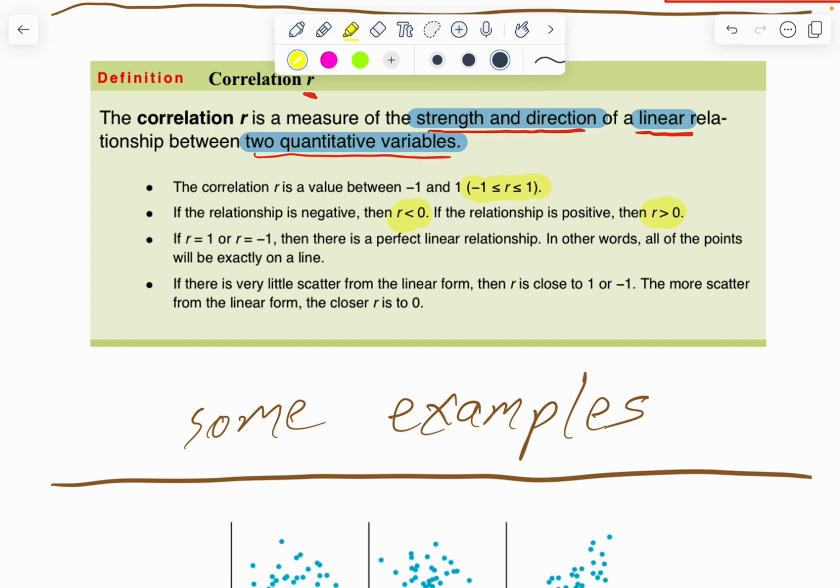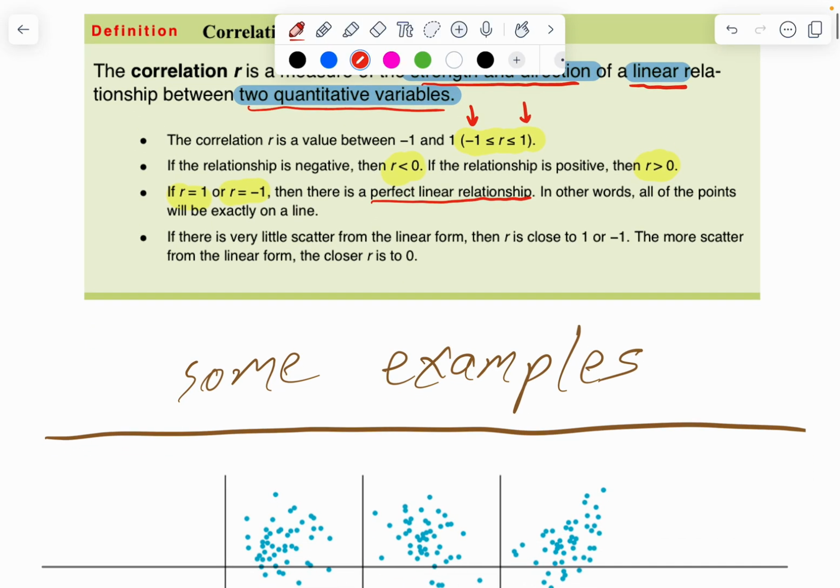If the correlation coefficient happens to be equal to +1 or -1, the extreme ends of the interval, the only way that happens is if the dots are perfectly in a straight line. The closer the correlation coefficient gets to 0, the less linear the relationship is.